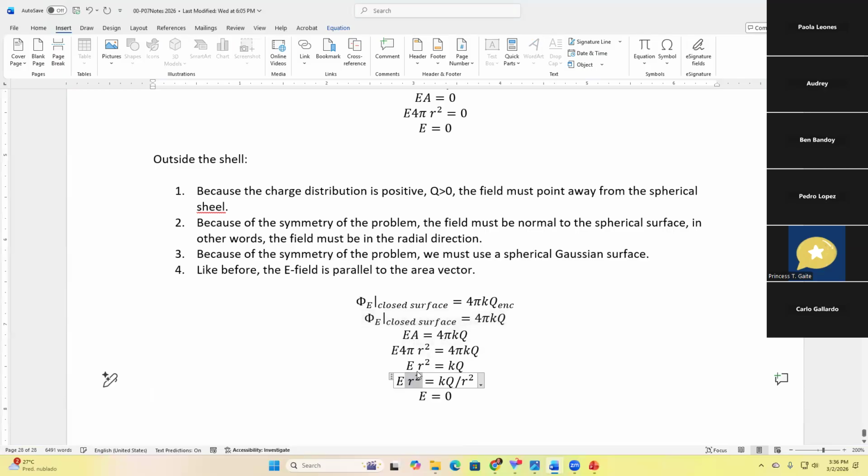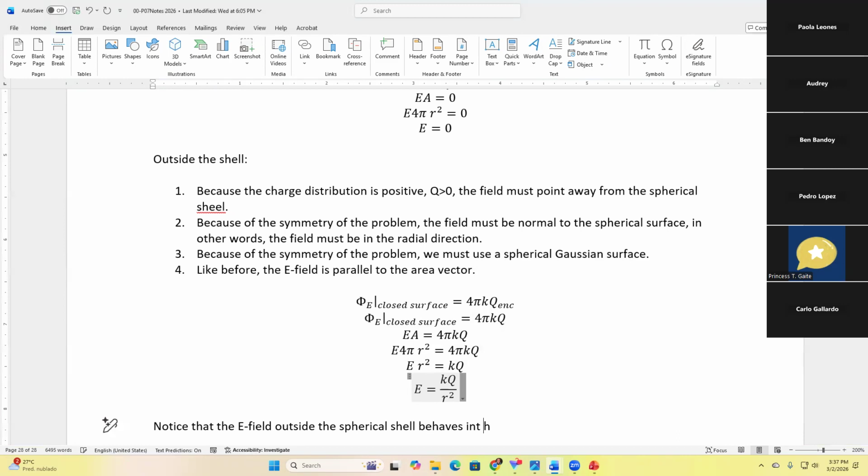And then, notice that the electric field outside the spherical shell behaves in the same way as the E field of a point charge.